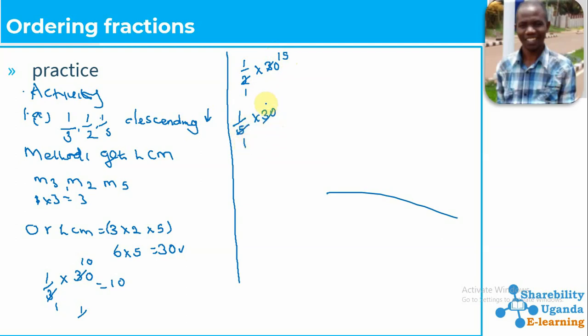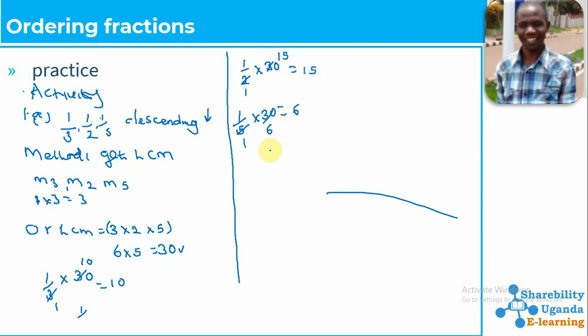What is 30 divided by 5? Someone with an answer. We get 6. So this simply means here is equal to 6, here is equal to 15.